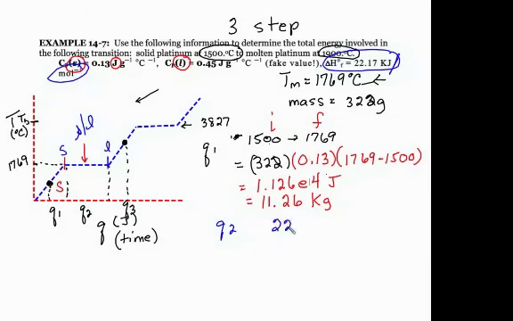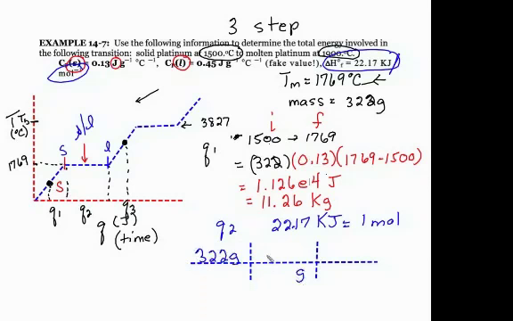So what that's like saying is that there's 22.17 kilojoules equivalent to 1 mole. That's what per 1 mole means. So we're going to use dimensional analysis to work this step. And it's a pretty quick 2-step problem. We start with mass, 322 grams. Mass to moles, use molar mass.